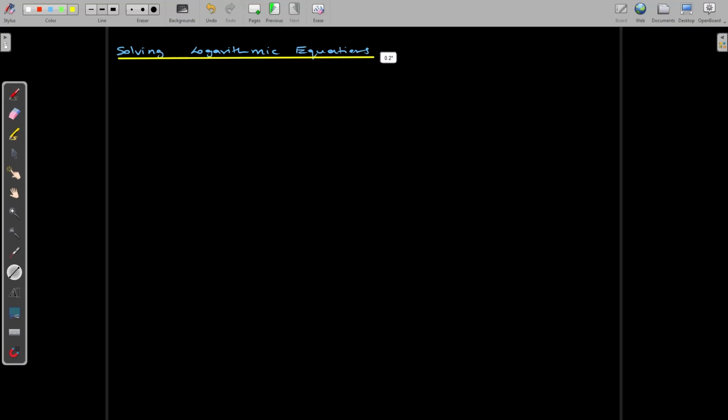So solving logarithmic equations. And of course, we'll start off with an example, as per usual. Let's say we needed to solve the following equation: log base 2 of 4x plus 2 is equal to 6.